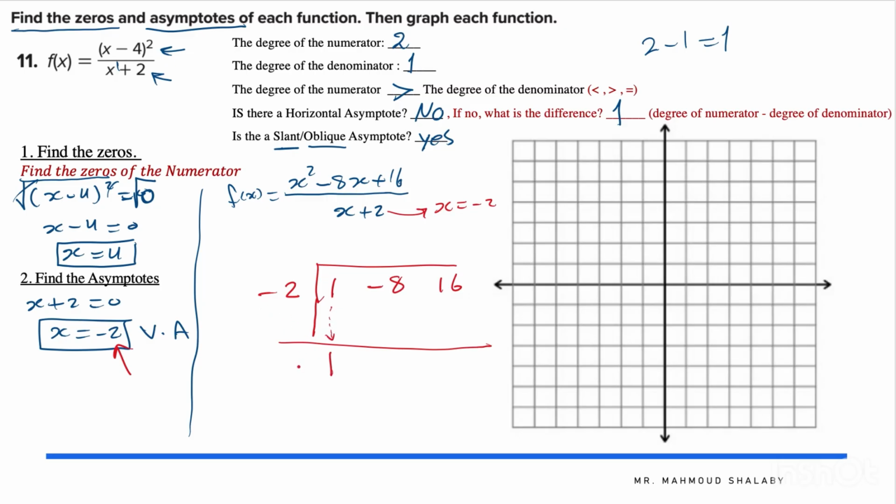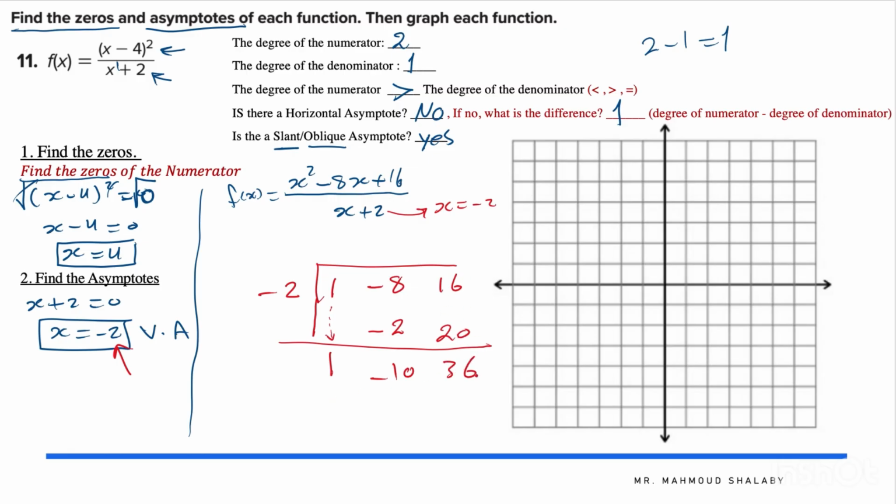Negative 2 times 1 is negative 2. Then we add, without changing the sign, negative 8 plus negative 2 is negative 10. Then negative 2 times negative 10 is positive 20. So the last number here will be 36.